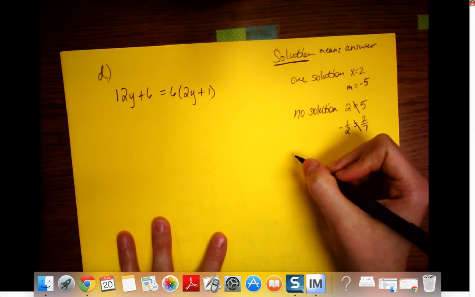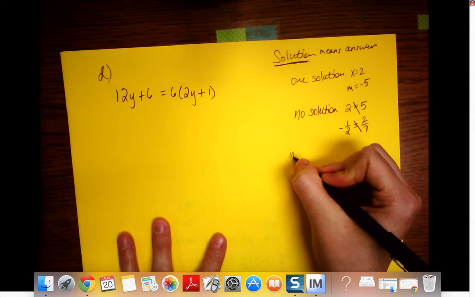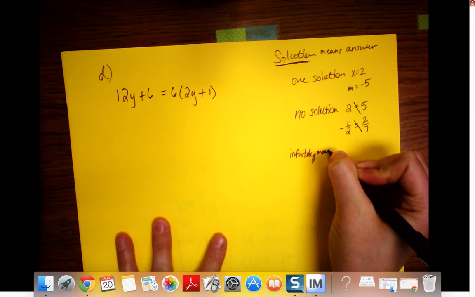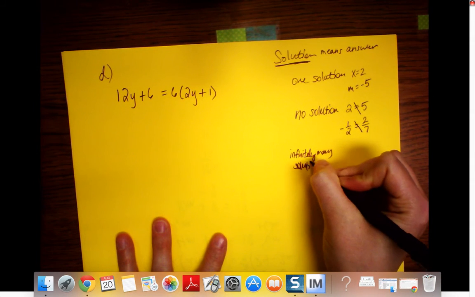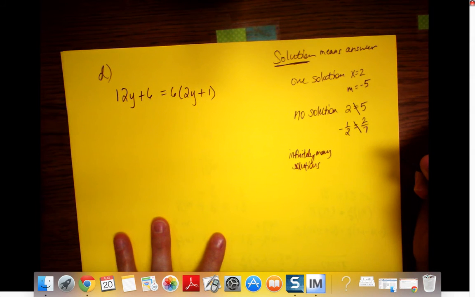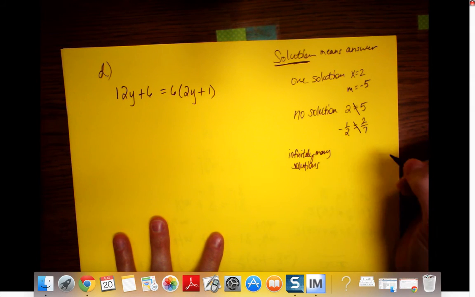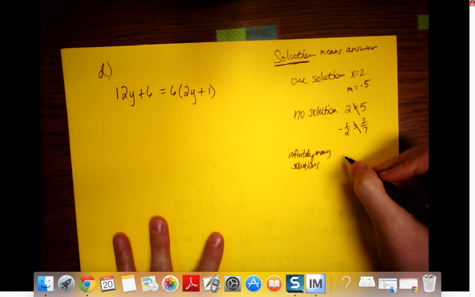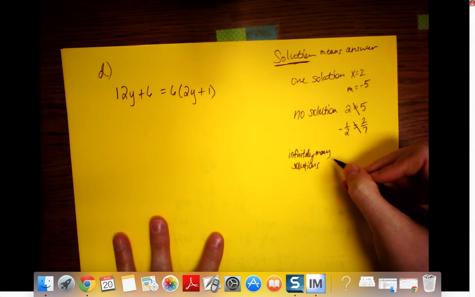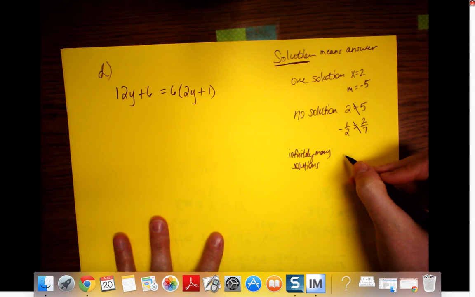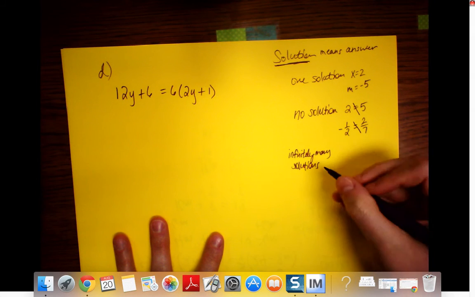Now infinitely many means that your variable can stand for any number, any real number, and the equation would be true. So for example, after solving an equation that has infinitely many solutions, your last line of your equation will look like this.